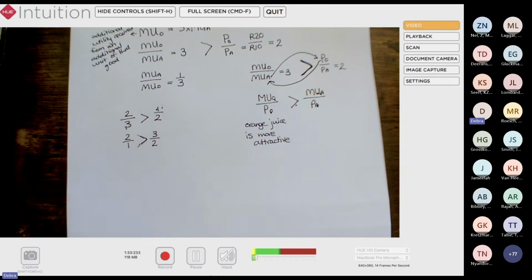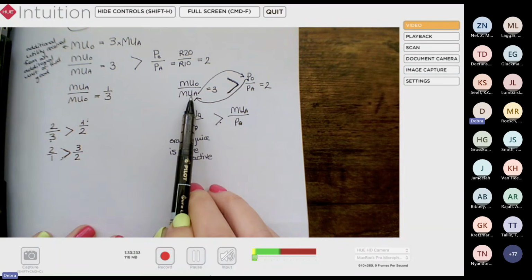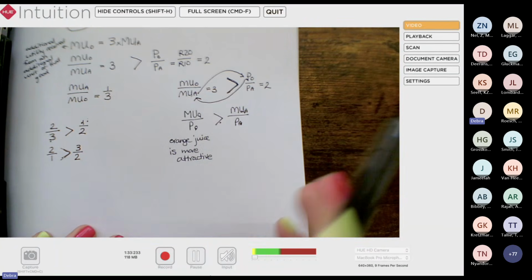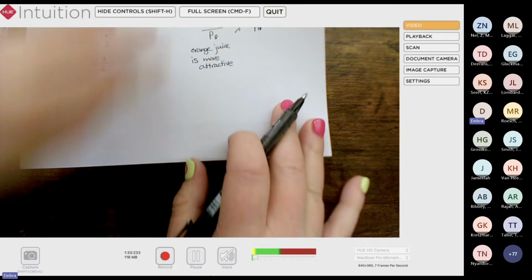The bigger question is, why did I do the cross multiplication? So why did I switch price of orange juice here with the marginal utility of apple juice here? The reason why I did that is in order to get Gossen's second law.